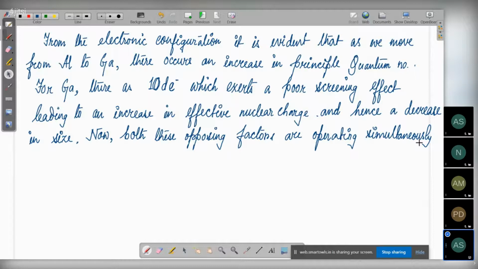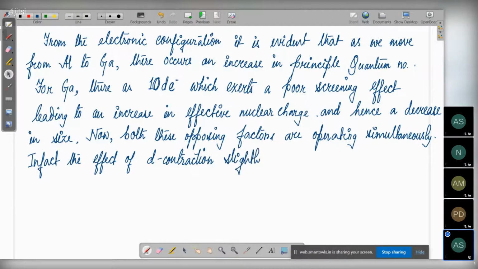And in fact, it is observed that the effect of decontraction slightly predominates over the effect of principal quantum number.